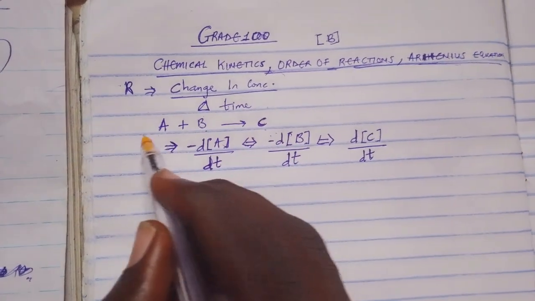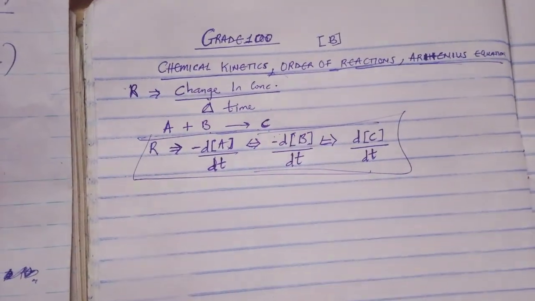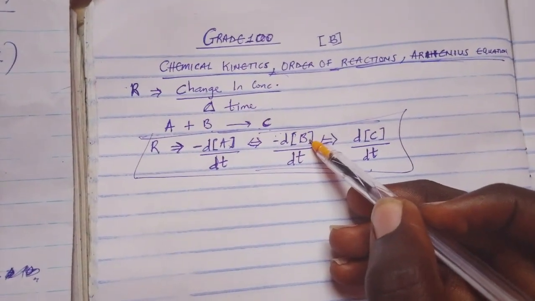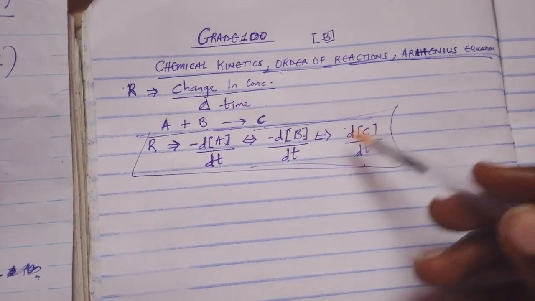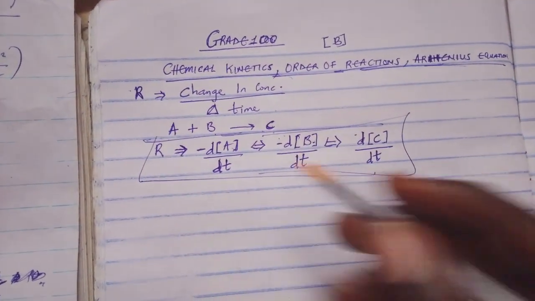This is just to remind us of how to go about it. In questions, they could give you the concentration of B and ask you to get the rate at which C is appearing. Those are the kind of questions that could be set around this.